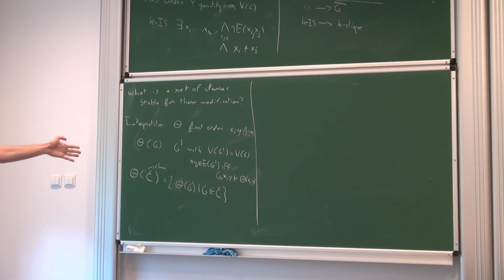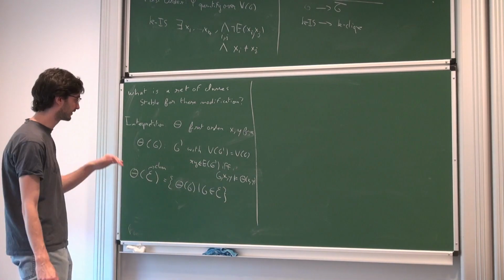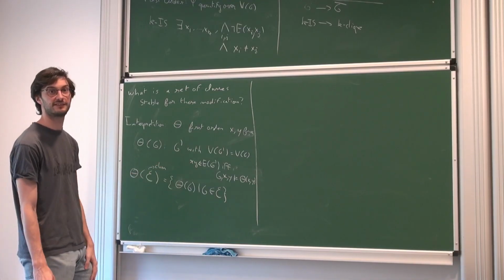So again, for theta, the negation of an edge, it would give you the complement, the class of the complements of the graphs in the initial class.